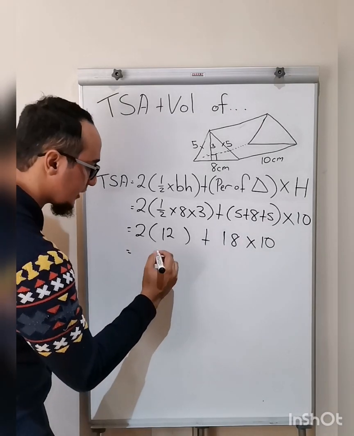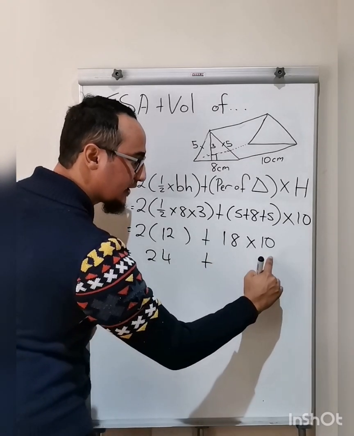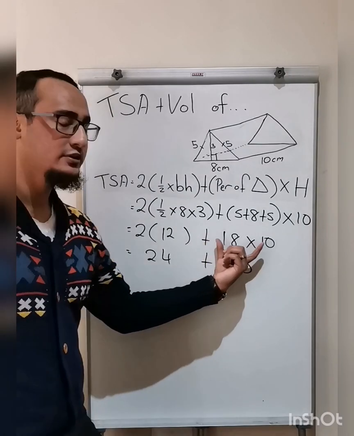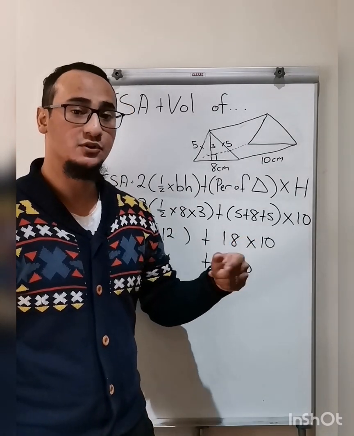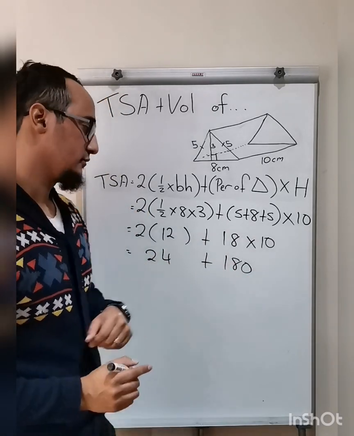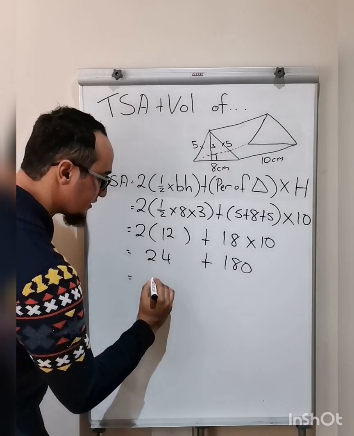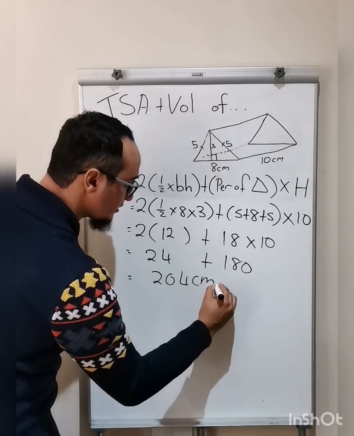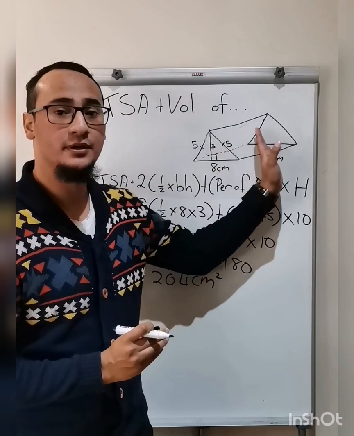So 2 multiplied by 12 is equal to 24, plus 18 multiplied by 10 is equal to 180. Why do I multiply first over here instead of adding? Because I applied BODMAS or BEDMAS, which says that multiplying comes before addition. So 24 plus 180 is equal to 204 centimeters squared. So the total surface area of this triangular prism is done.